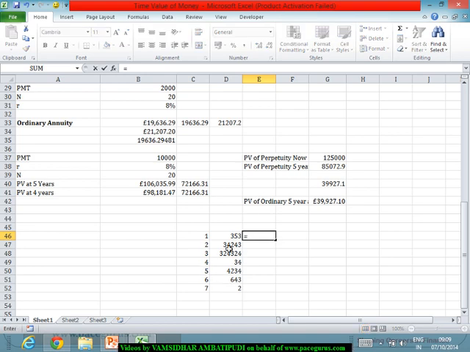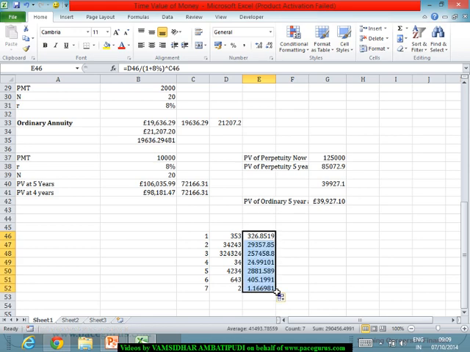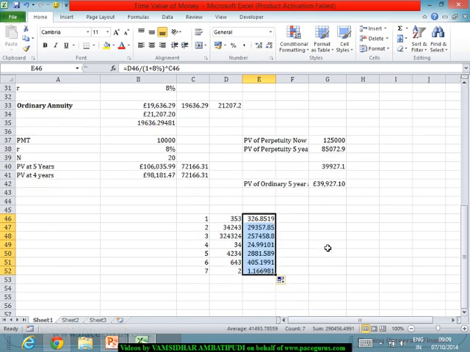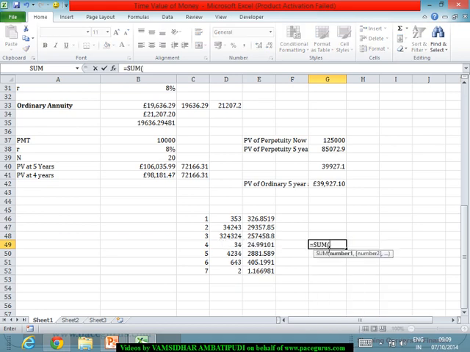It means that I'm discounting each of these cash flows separately, 1 plus r to the power n. So each is a separate present value. And finally, when I add up all of them, that is what is going to be the total present value in the process.